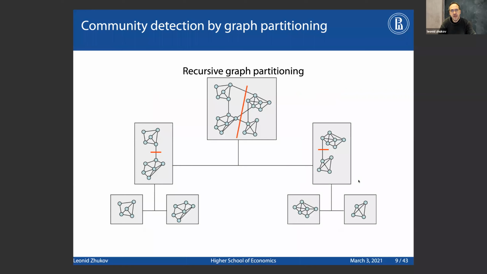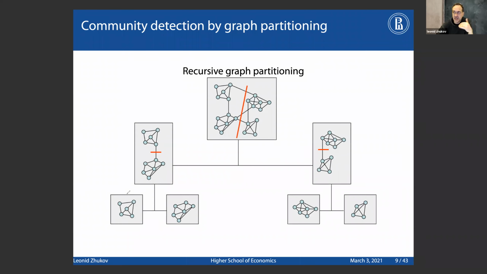So, as I mentioned before, we can think of community detection, or formulate community detection, through recursive graph partitioning. We learned last time that there are ways, for example a spectral algorithm, to split the graph into pieces, and then we can continue cutting it until we get smaller pieces of the graph.